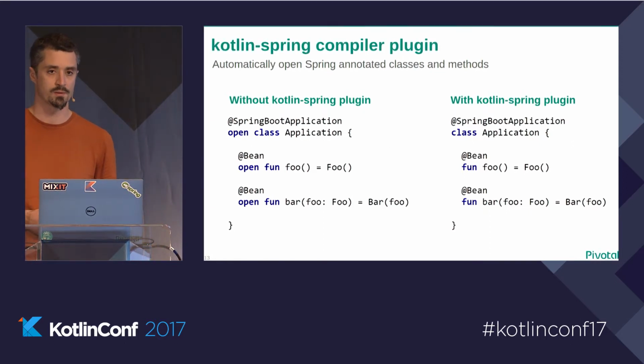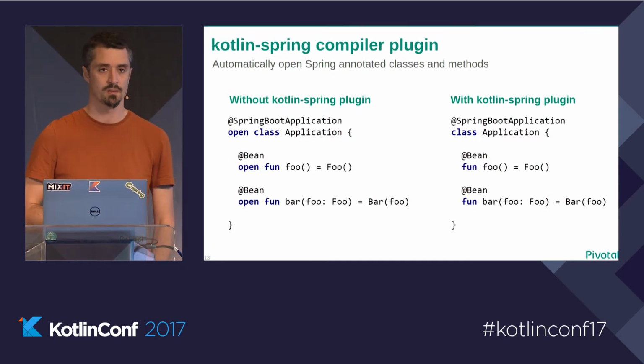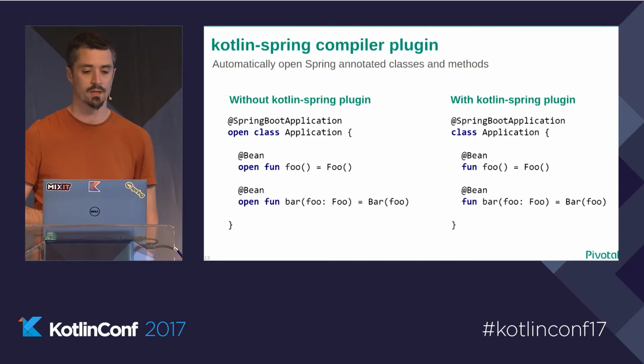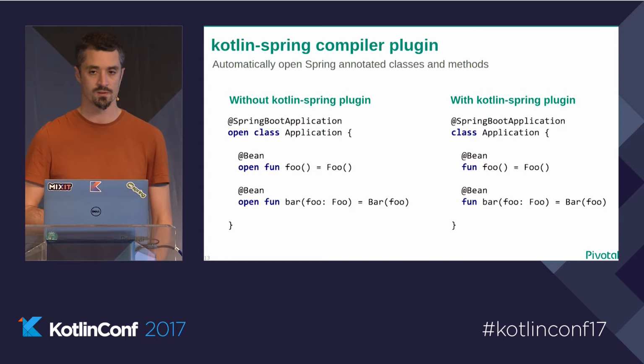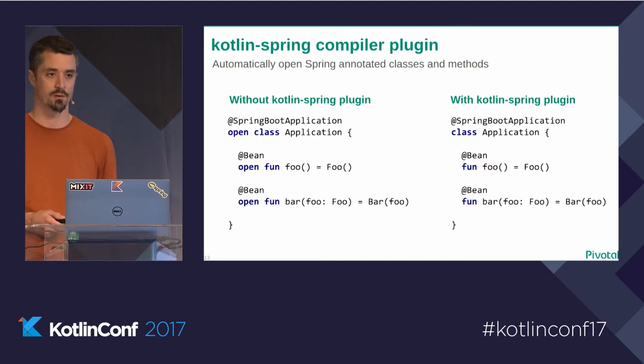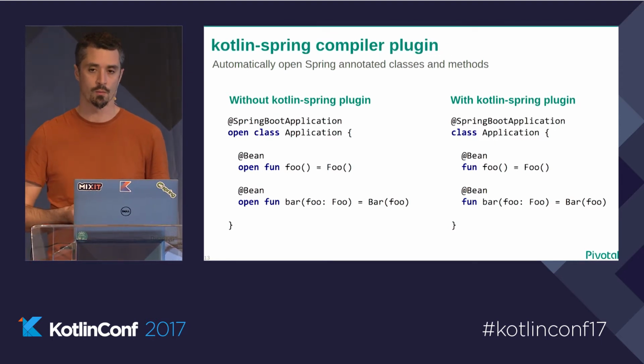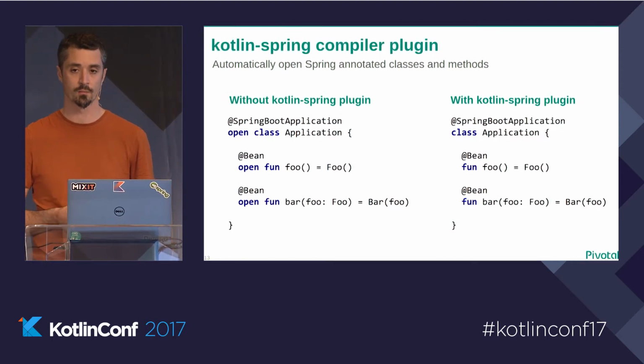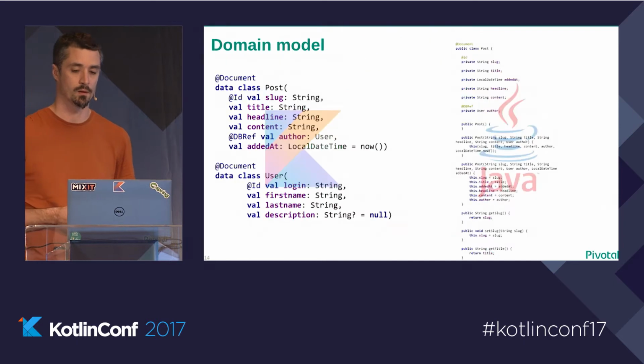So we discussed with the Kotlin team, and they released a compiler plugin which automatically opens any class or method annotated with a Spring annotation, and that also supports meta-annotations. That means if you have a custom annotation meta-annotated with @Component, for example, it will be taken into account by this plugin.